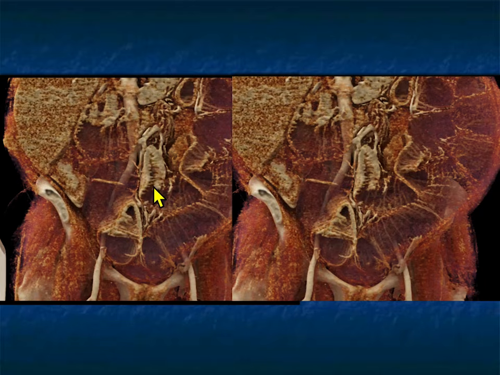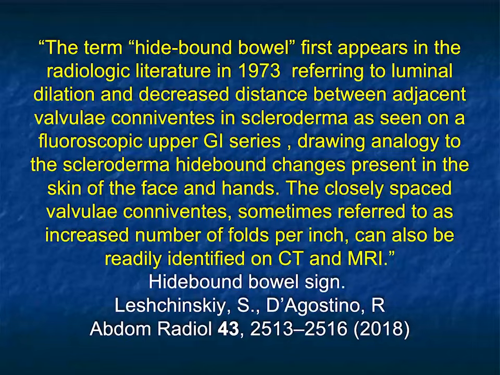Scleroderma: focally thickened bowel, looks like it's causing obstruction, prominent vasa recta very close together. That's called hidebound bowel. First reported a long time ago, more than 50 years ago.